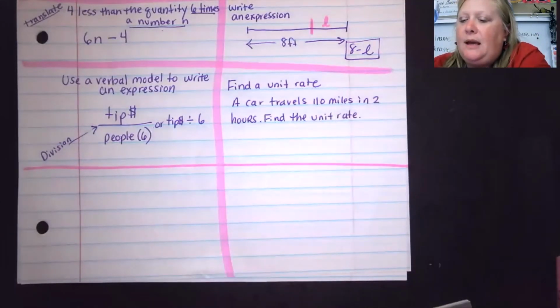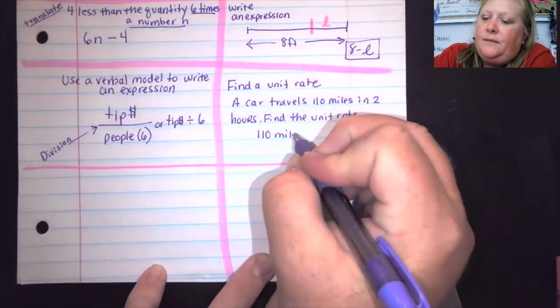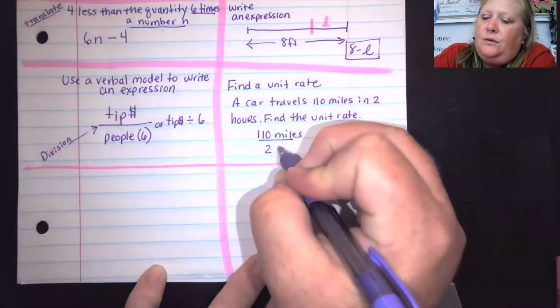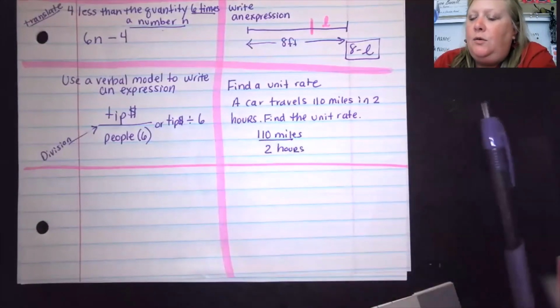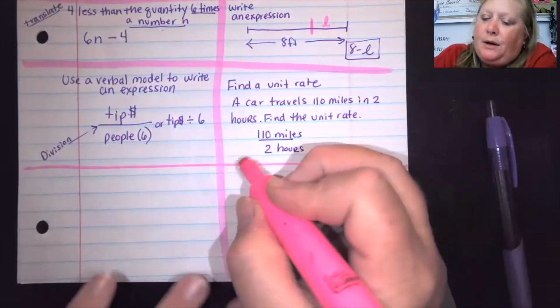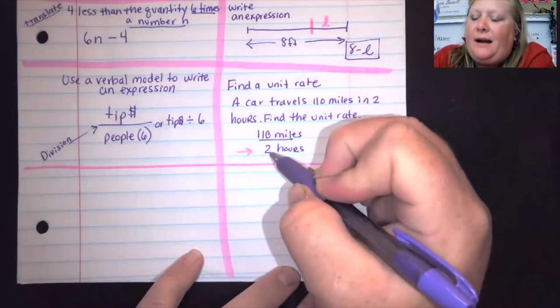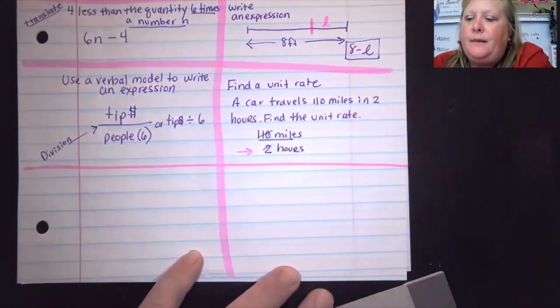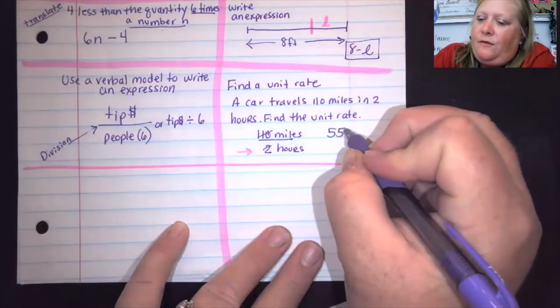Well, here's the thing. 110 miles over 2 hours. Now, here's the thing. You want this bottom number eventually to be a 1. So what is 110 divided by 2? Isn't that 55? 55.